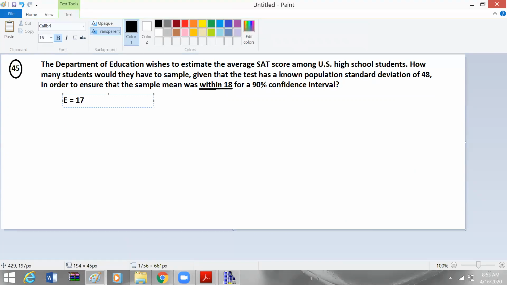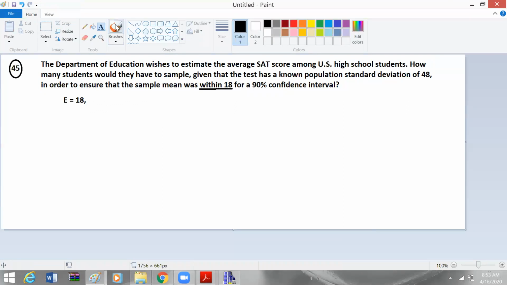And what else do we know? The confidence interval. And we also know the standard deviation is 48, right? So the standard deviation is 48. And then we also have a confidence interval of 90%.